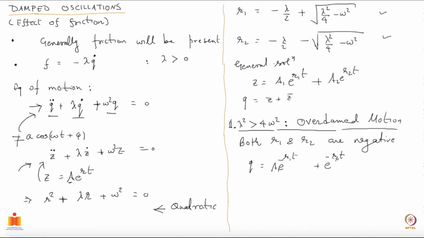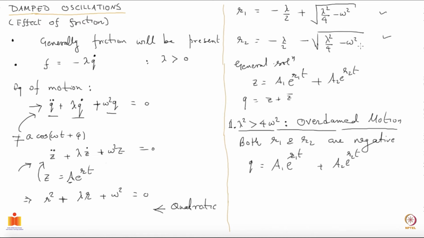Sorry, I should not have put a minus here. So Q is A1 e to the R1t plus A2 e to the R2t, and both of R1 and R2 are negative. So as time goes on, the amplitude decreases exponentially. Clearly there is no periodic motion here. You start your system at some value of Q, and as time progresses it just damps out to 0. So this is an over-damped motion.